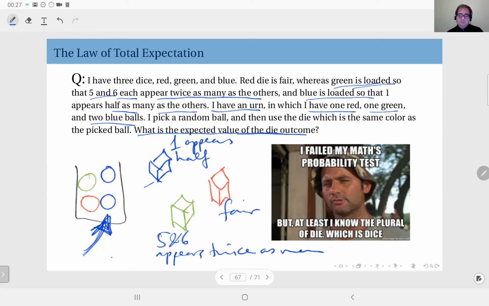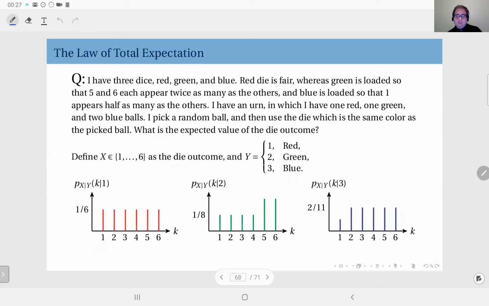We will define X as the die outcome, of course in the set 1 through 6. And we will define another random variable Y to represent the ball, the outcome of the urn. Red, green, or blue, I'll represent them as 1, 2, and 3.